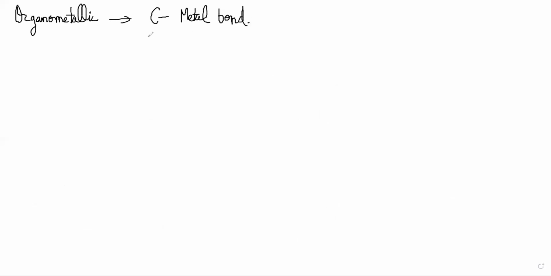Now understand that the carbon-metal bond will be such that carbon will be electronegative and the metal highly electropositive. So this carbon is electron rich, and this bond is very breakable because it is a highly polarized bond.